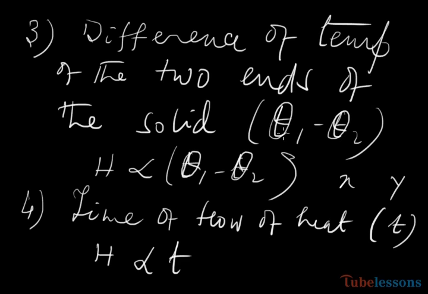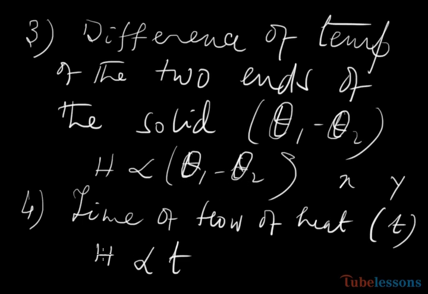Therefore, the difference of temperature is theta 1 minus theta 2 and the quantity of heat conducted through a solid H is directly proportional to theta 1 minus theta 2. The more the difference of temperature, the more the heat.